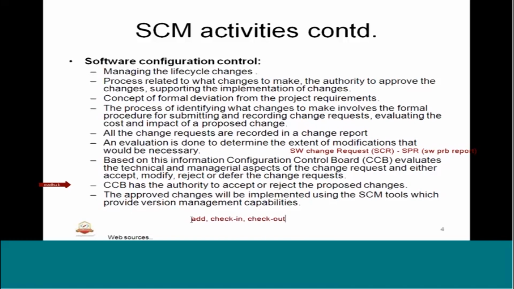These are the basic capabilities of the tools. Basically, it helps identify the elements which are going to be added, checked in, checked out, or moved to different stages. Always part of the SCM tool.